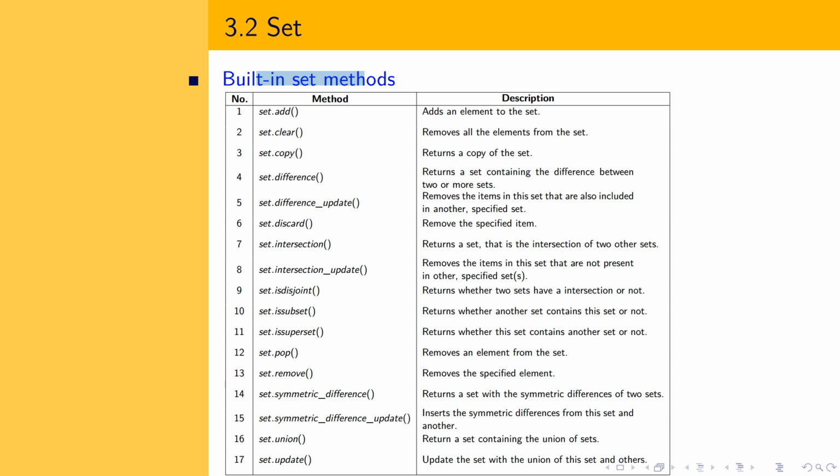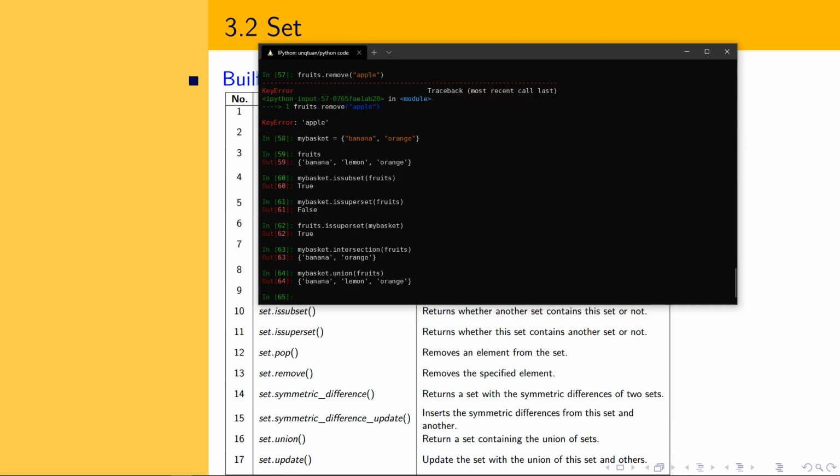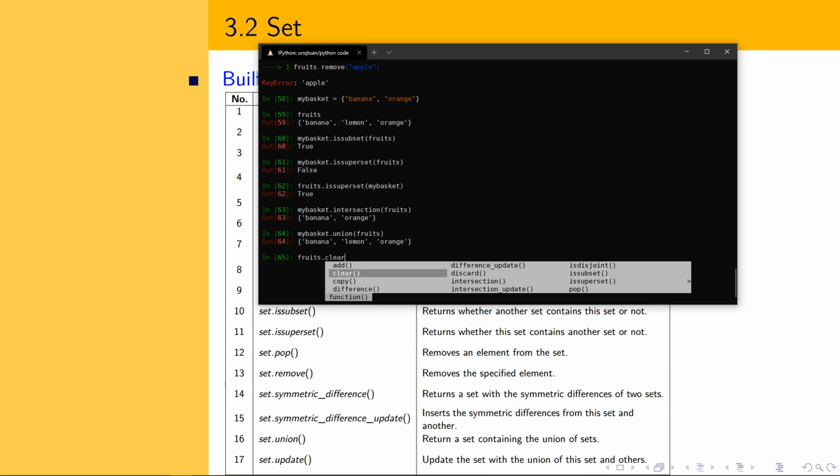For the rest, you should take a look at the textbook and you can try to do the coding yourself to practice these methods. So for example, here you can press the tab button and you will see all the methods supported with the object fruits.